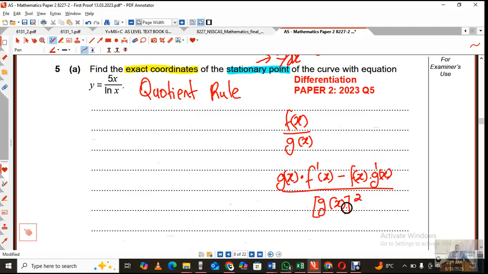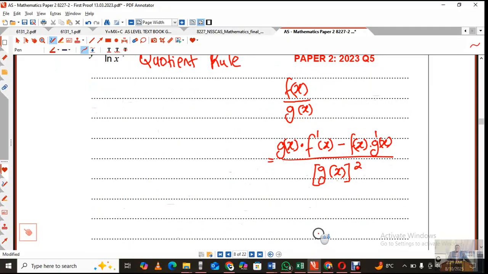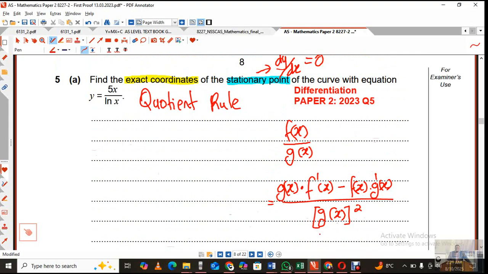Some people have got little rhymes that they use to do that. They say low d high, which means the denominator times the derivative of the numerator. So low d high minus high d low all over low low, around she goes. Whatever you're using, I think this is also provided in your formula sheet.